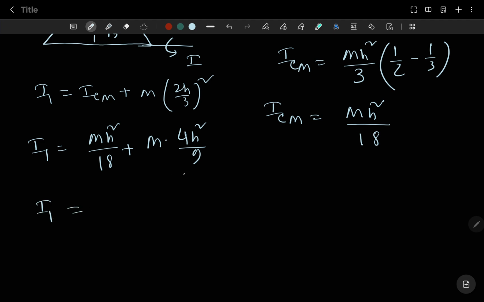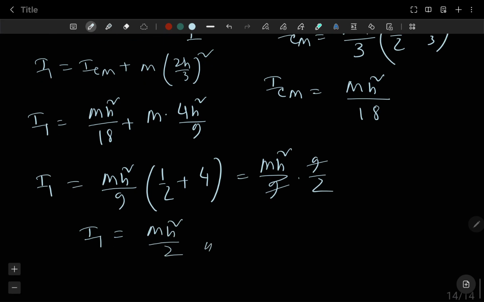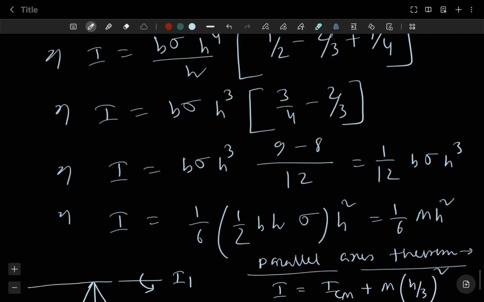So it will be m h square by 9 times half plus 4, so it is 9 by 2. So I1 is m h square by 2. Fine, so you have calculated like this.